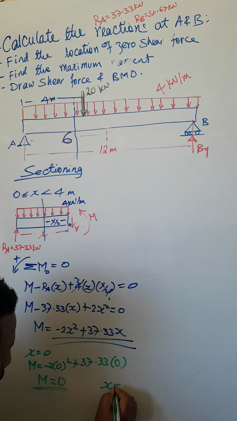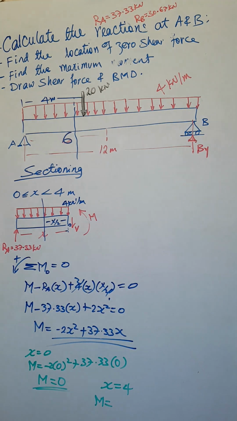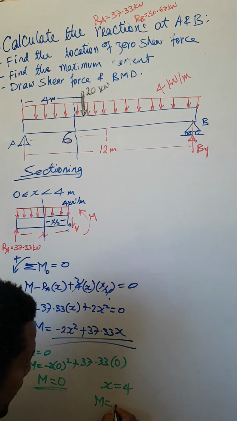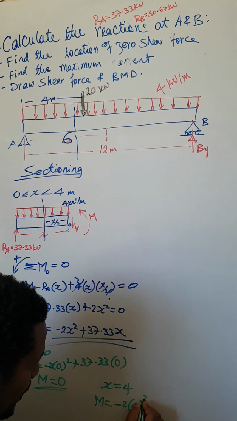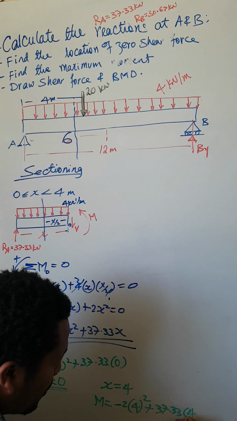Okay, what is the other distance? At x is equal to 4, m is equal to negative 2 times 4 squared plus 37.33 times 4.